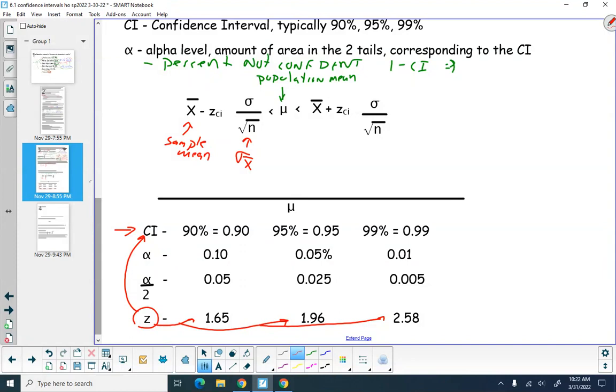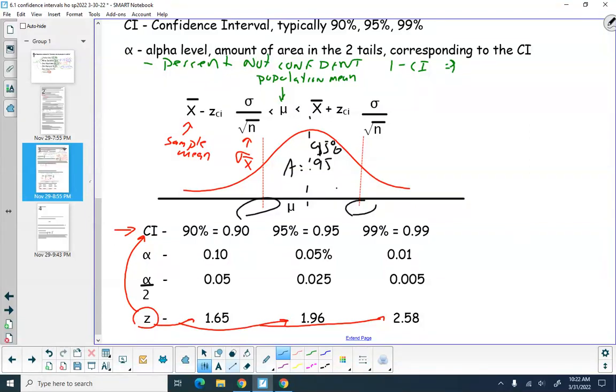So you no longer have to sit there and go, okay, here's my bell-shaped curve, here's my value here and here, I've got an area of 0.95 or 95%, which means I will divide this by 2, find my values, and then calculate my z value. I don't need to do that anymore. If I have a 95% confidence interval, my z value that corresponds to 95% confidence is 1.96.